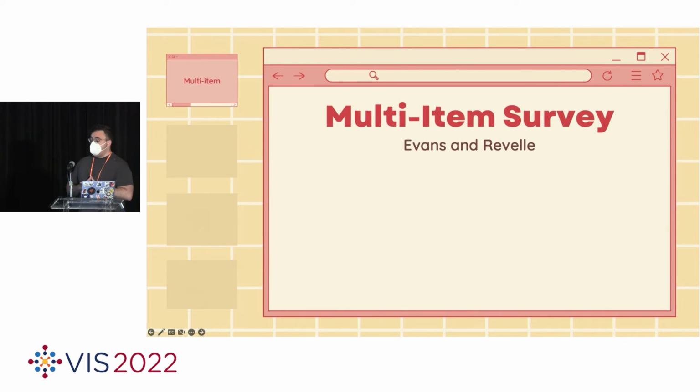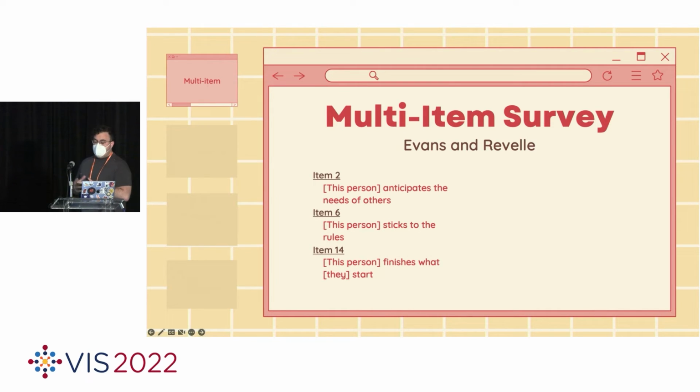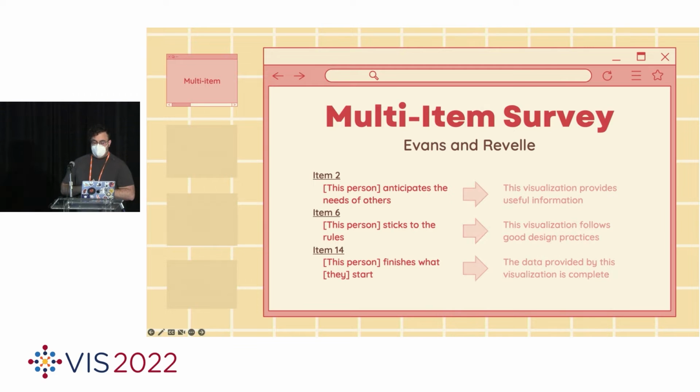So the simplest way to solve this problem is to add more items to the survey. And we can look to existing psychometrics research by Evans and Ravel that has a 21-item survey with different personality traits that relate to trust or trustworthiness. And we can take this work and modify the items in the scale to apply to visualizations.